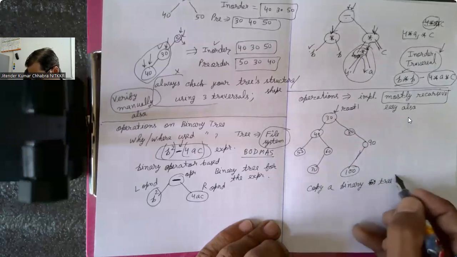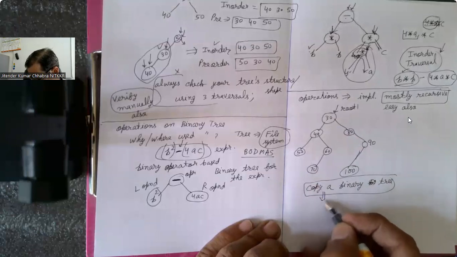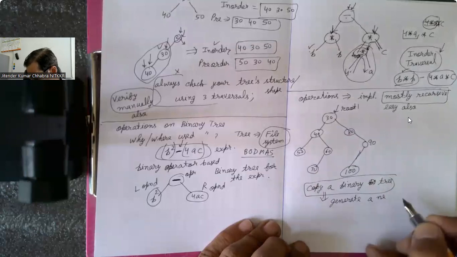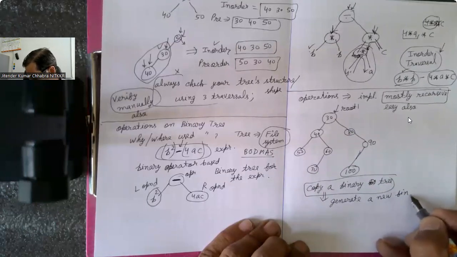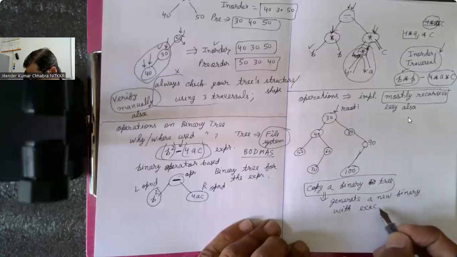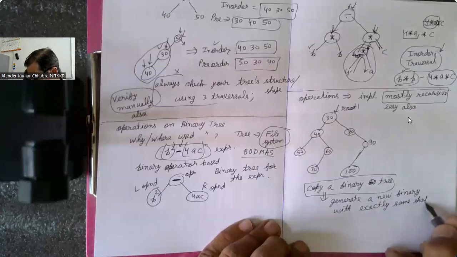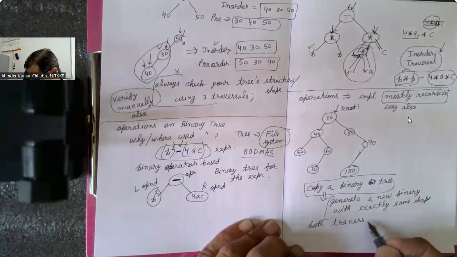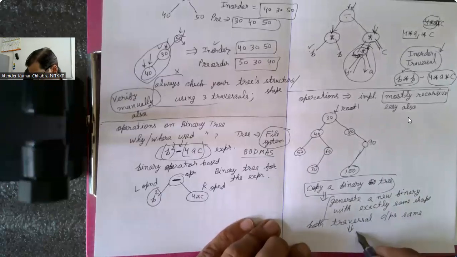Meaning what? Meaning generate a new binary tree with exactly the same shape. Effectively meaning that both will have the same traversal, all three traversals, not only one.